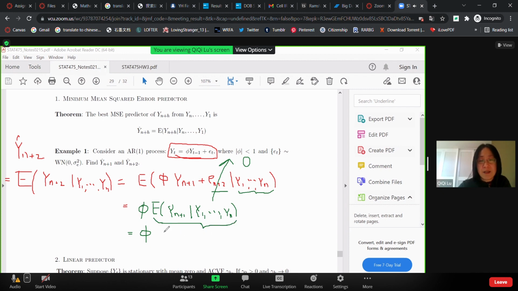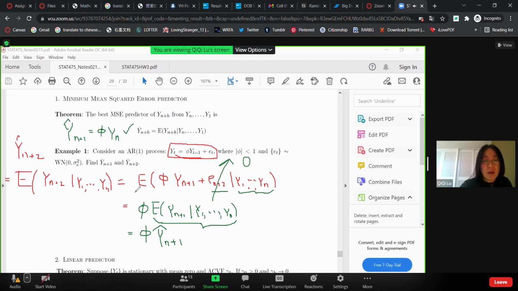By definition, this is the forecast for n plus 1. For y_{n+1} hat, you use the AR coefficient times the last observation, the observation right before time n plus 1, that's y_n.